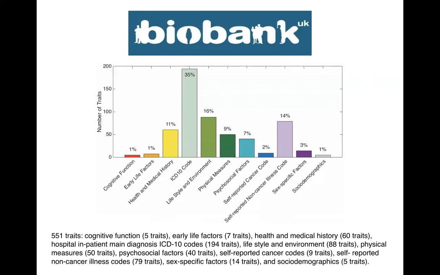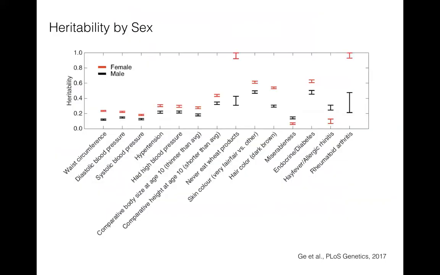We applied this method to over 550 traits in the UK Biobank and estimated their heritability. We also looked at how these heritability estimates can be moderated by some major demographic factors such as age, sex and socioeconomic status.